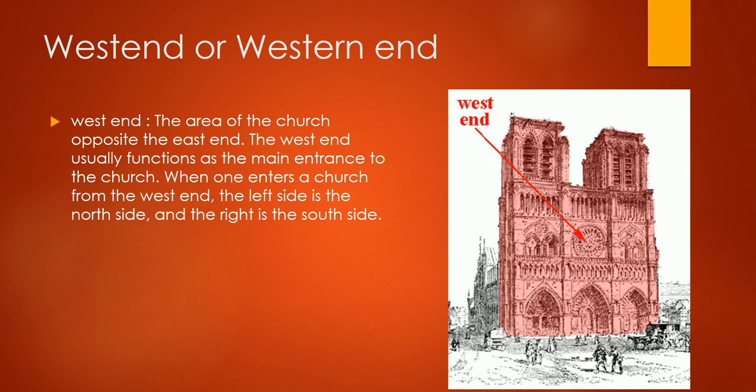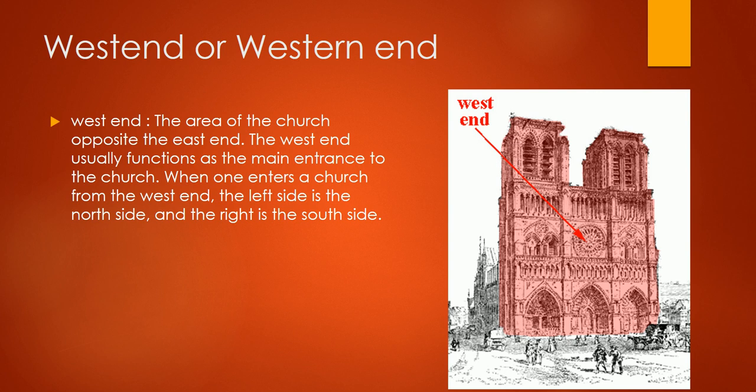Another way of referring to the entrance to the church is the west end or the western end. Christian churches have the entrance to the church facing west, and I should say, if you think about the position of Western Europe in relationship to where Jerusalem might be, right? Is Jerusalem to the north of Europe?